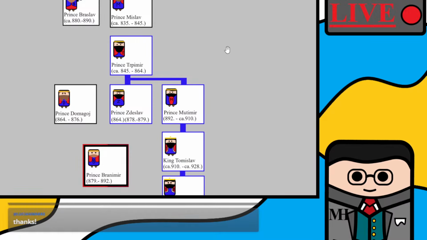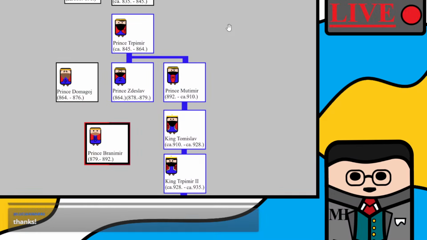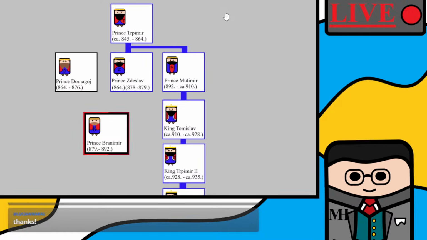The problem we have with the dynasty is that we do have a pretty clear idea what happens at the start, sort of, with Prince Trpimir, his sons, and then Domagoj and Branimir, who appear to be interlopers who were not part of the dynasty. It's sort of indicated by the fact that when writing about Prince Domagoj and Branimir, the title Prince of the Croats isn't used, but Prince of the Slavs is, although I've heard contradictions to that, but I'm uncertain as to the sourcing for it, and some people might have misheard it.